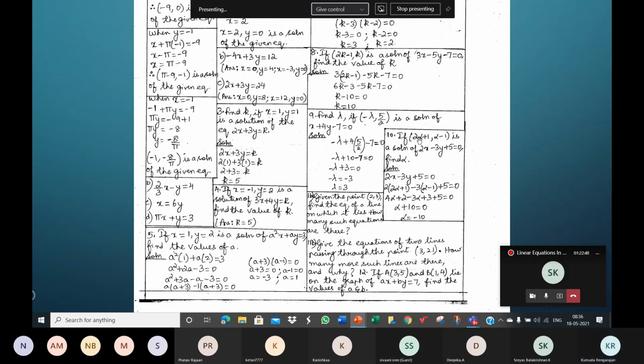This is not 22, it is 2 alpha. 2 alpha plus 1 and alpha minus 1. This is lambda, this is alpha. Both are letters of the Greek alphabet.